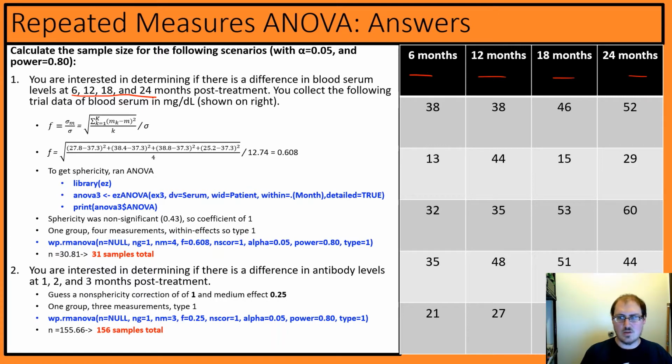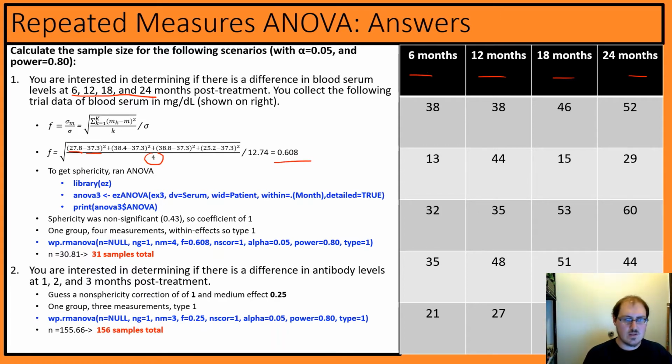I'm not showing a lot of the work here, but essentially for each of these, you need to get the overall mean, so taking the average of all of these, and then the group mean. So here's the group mean for the first group minus the total mean, squared, and doing all this, and dividing by the number of groups, then divide by the standard deviation, where you just get the standard deviation of everything. That gives us 0.608.